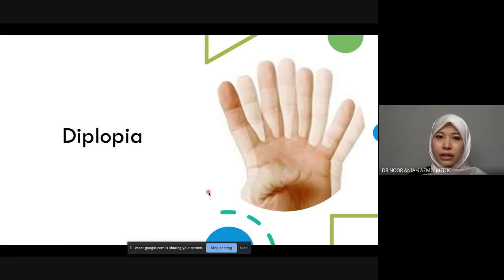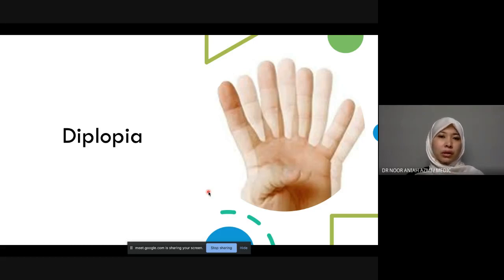Okay. However, binocular diplopia happens in both eyes, and usually we see this in patients with nerve palsy. It happens because by right, our eyes are supposed to move together. They are supposed to work together between the left eye and the right eye. But in nerve palsy, that involves the 3, 4, 6. I'm sure you remember from your anatomy lesson of the EOM.